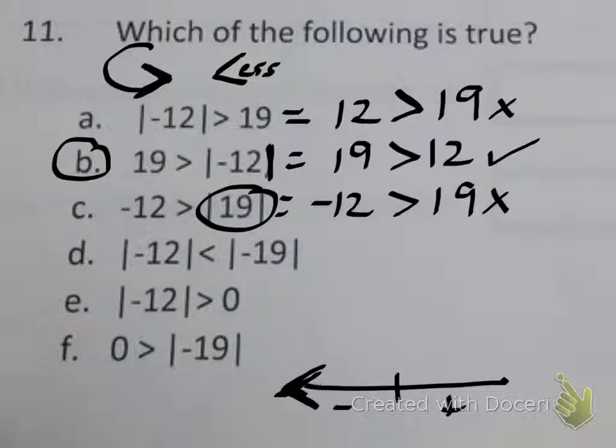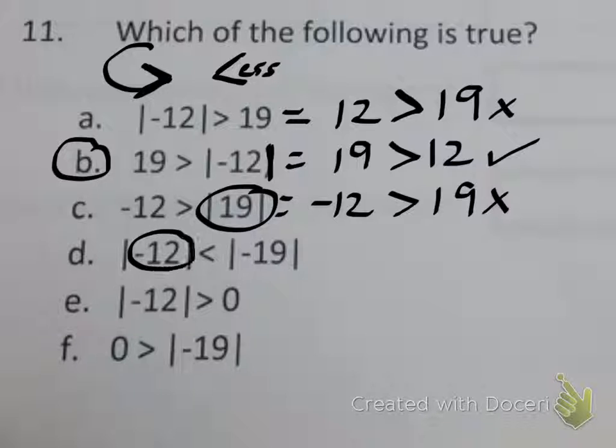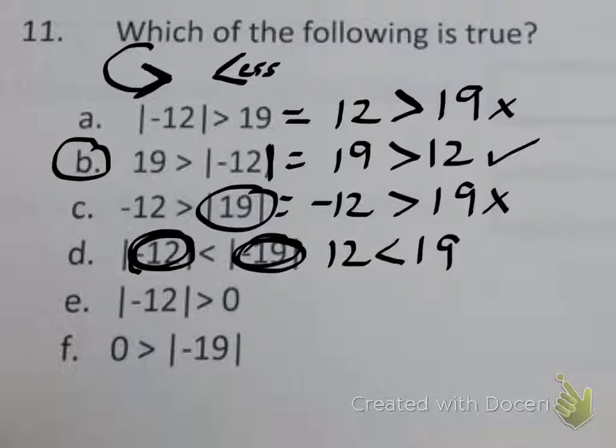So we're going to go ahead with the next one. Once again, we have absolute value, and that always turns into a positive. So that means this is a 12, less than, and this is 19 places from 0, 19. Is 12 less than 19? Yes, it is.